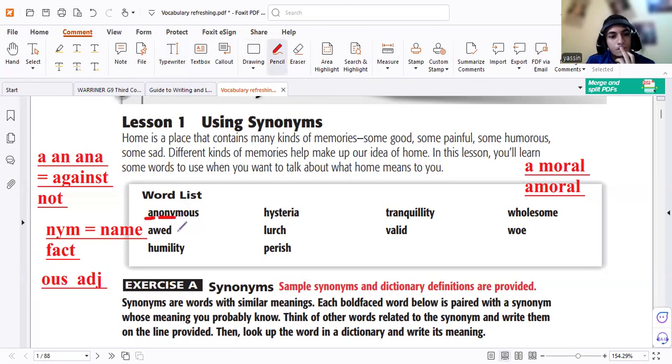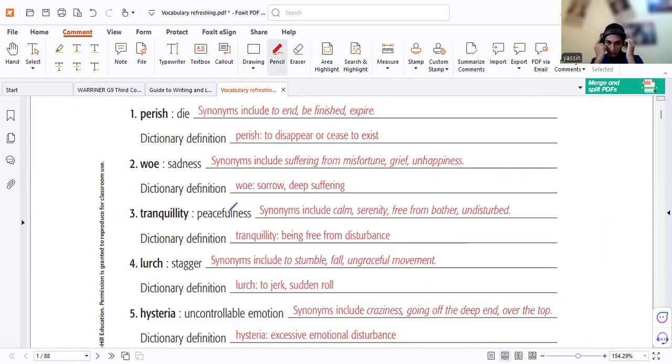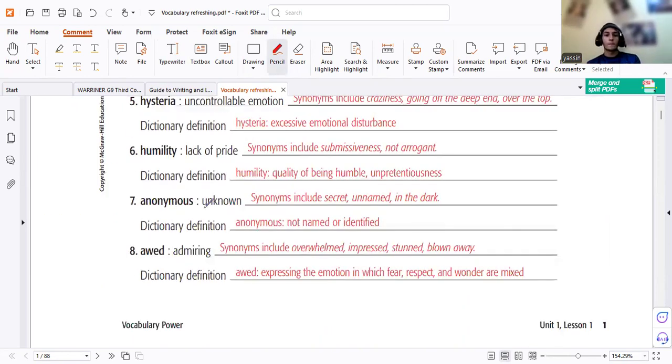Not fact. If something is not fact, it means hidden, unknown, mysterious, it needs to be known, to be discovered. Look, secret, unnamed, in the dark, all of them have the same meaning, the same feeling of the word. And the noun, name.